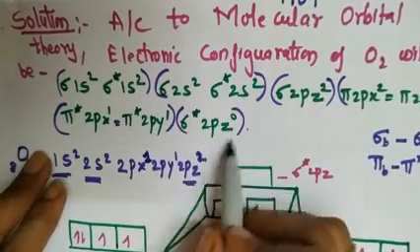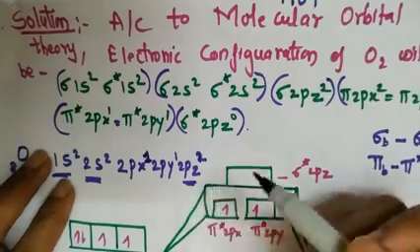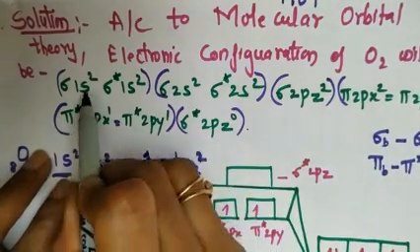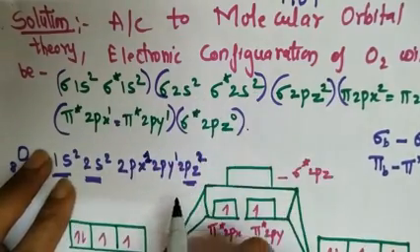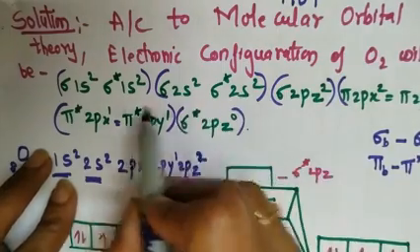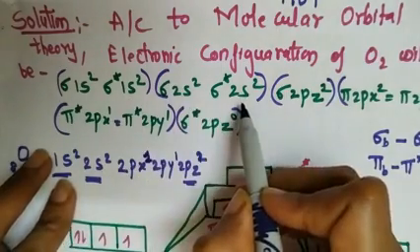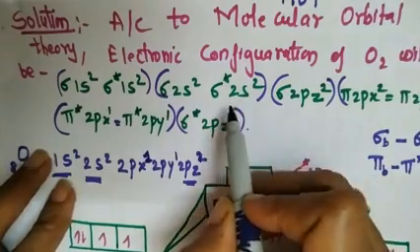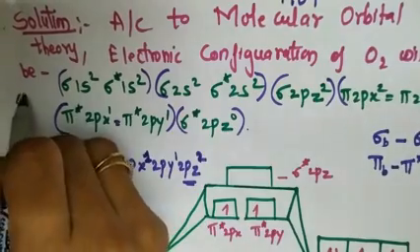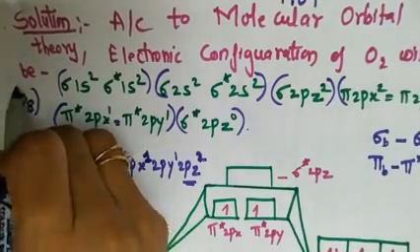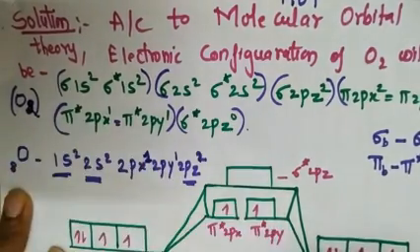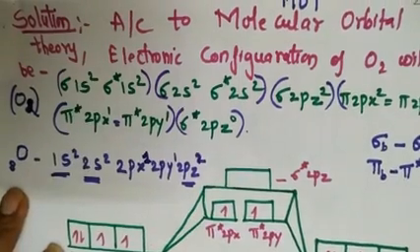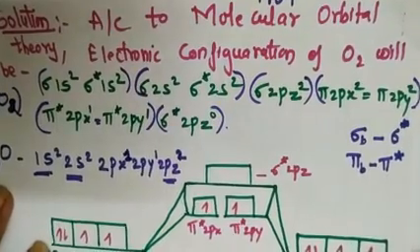Once we count the number of electrons, 1 2 3 4 5 6 7 8 is there, but these are the antibonding orbitals, right? Total 16 electrons should be there because we are taking the O2 molecule.